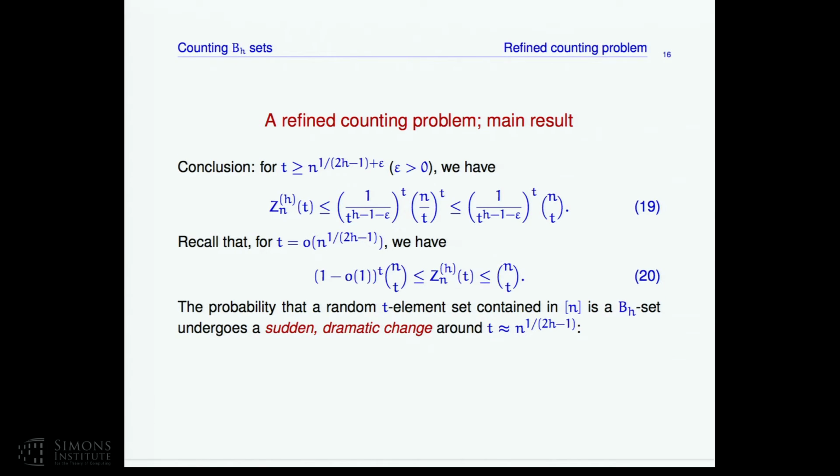The probability that this happens changes quite suddenly, in the sense that you have these two bounds for t, right? And there's a dramatic change, because in one case the probability is some number close to 1 to the t, and in the other case it is t to the minus t. So there is some kind of change of behavior at this point.